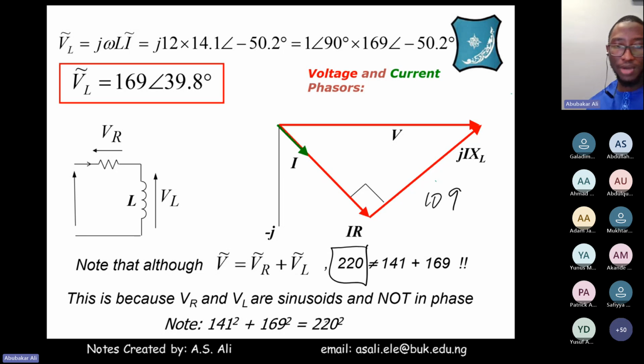If you do the conversion to Cartesian, you will be able to get the 220. Is that clear how you can draw the Argand diagram? The main thing is just convert it to Cartesian, then do some scaling accordingly and draw.